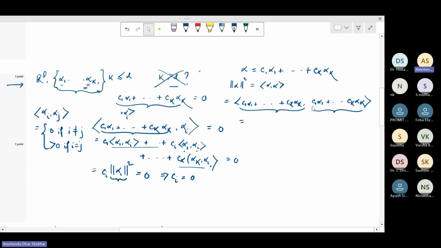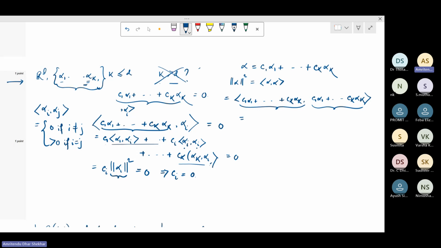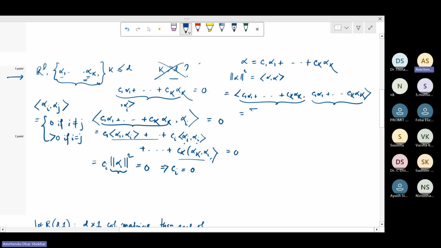Right. So going back to the problem, if you expand this, this is equal to a sum over two indices.